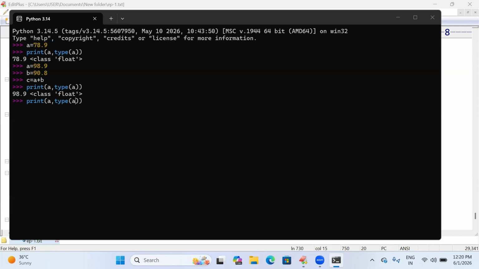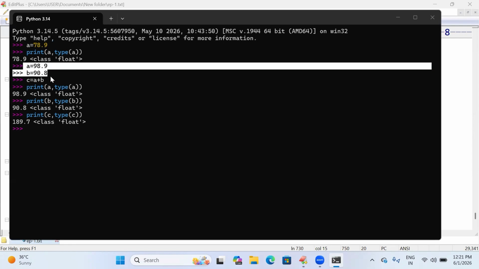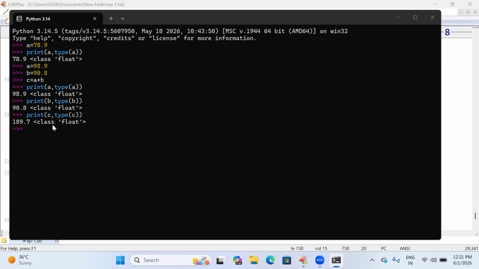I print B and the type of B: B is 90.8, also a float. Now I print C. The addition of 98.9 plus 90.8 is 189.7, which also comes under the float data type. So we can add two floating point values using the float type.